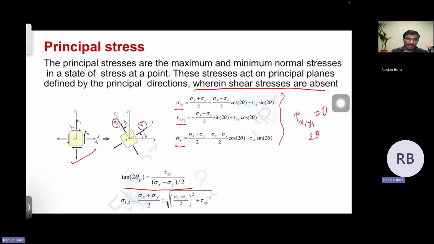Now if we substitute sine 2 theta and cos 2 theta in the sigma x1 and sigma y1 equations, then we get the equation for the principal stress, which is given by sigma 1,2 equal to (sigma x plus sigma y) by 2 plus minus square root of ((sigma x minus sigma y) by 2) whole square plus tau xy whole square. So this is the equation for principal stress.